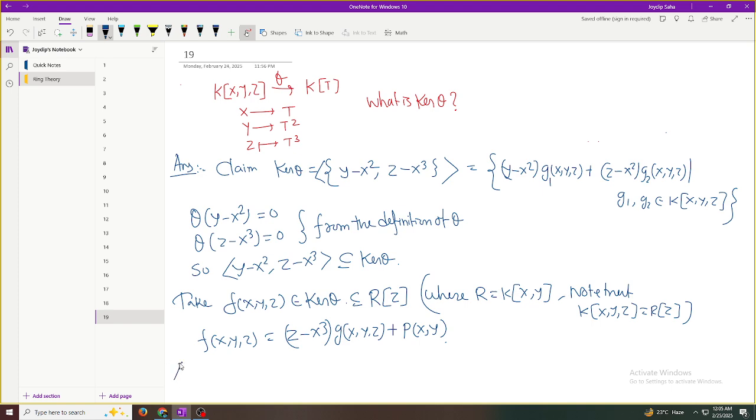Again, the remainder p(x,y) can be written similarly by dividing by y minus x square, as g1, g2.